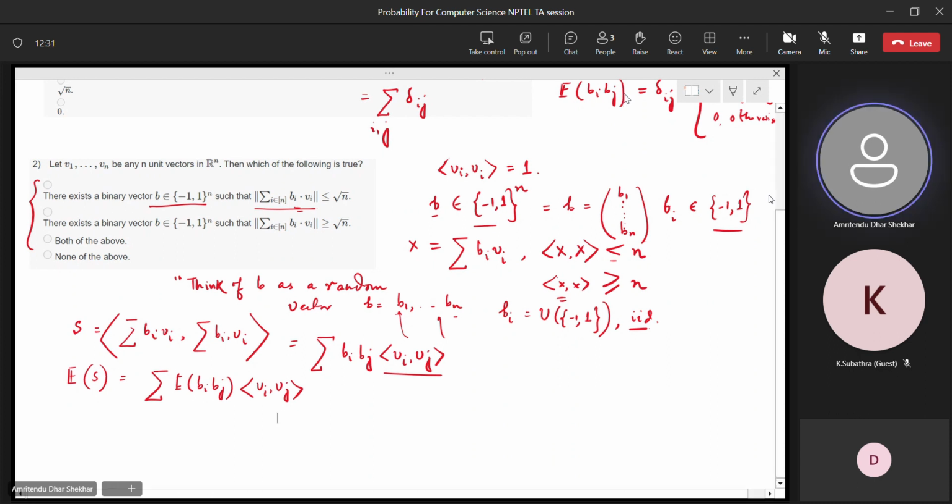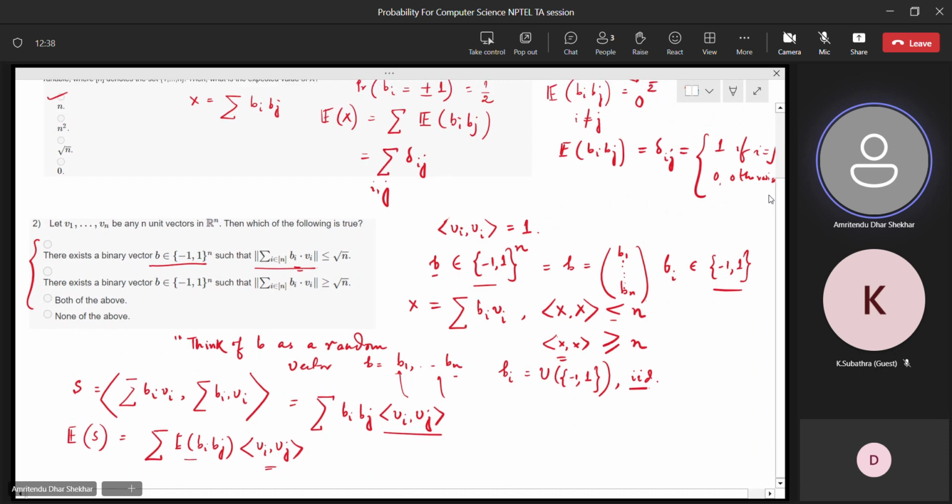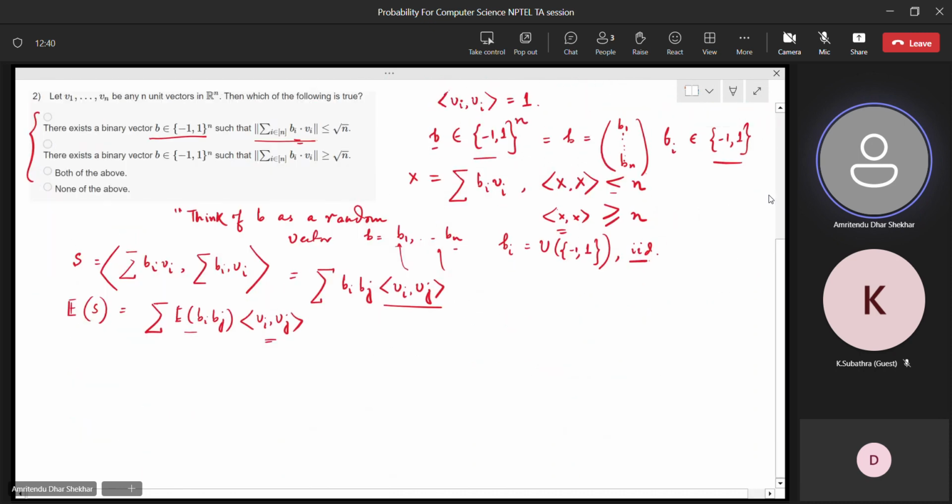What we saw from the last exercise is that the expectation of b_i b_j is equal to delta_ij. So this is equal to the sum over i, j of delta_ij ⟨v_i, v_j⟩.